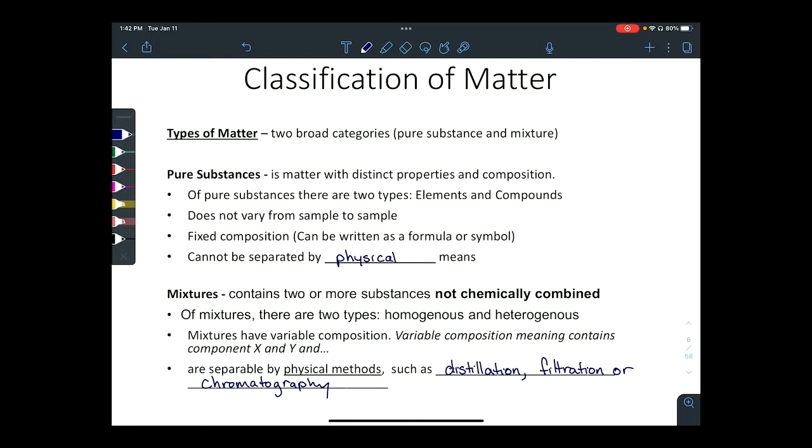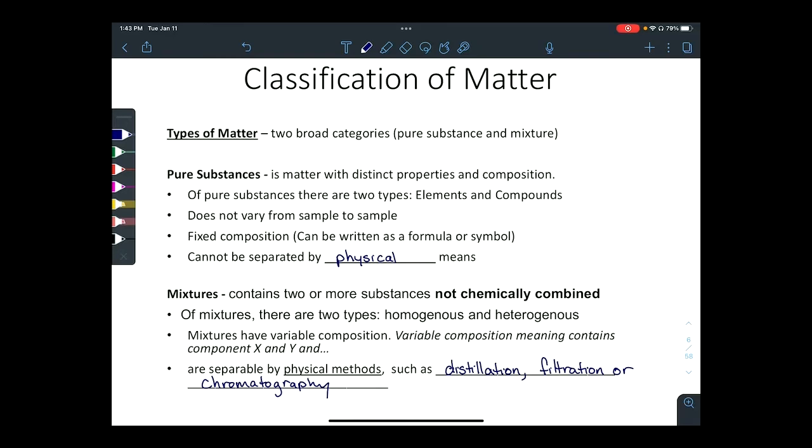If you had a chunk of gold and I had a chunk of gold, they would both look exactly the same on a particulate level. If we shrunk ourselves down and looked at them at the atomic level, they would look exactly the same. The likelihood that I have a chunk of gold is not very high, but that's what makes elements a pure substance: they don't vary from sample to sample, they look exactly the same.